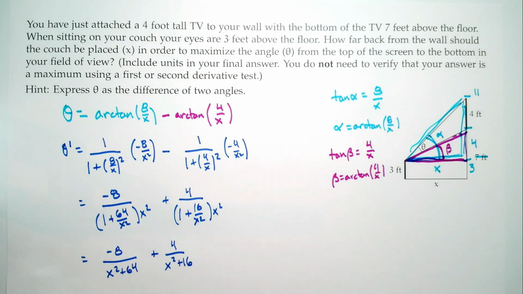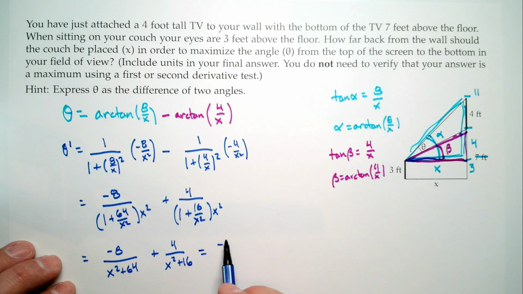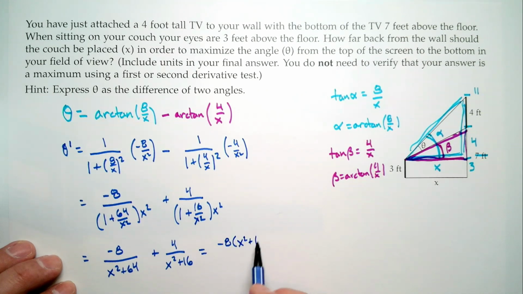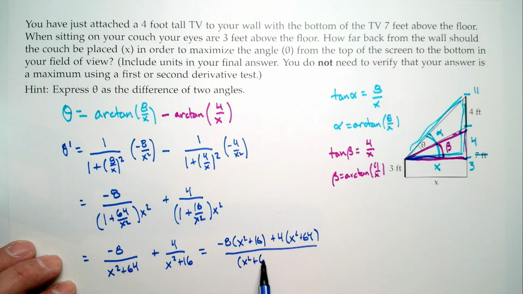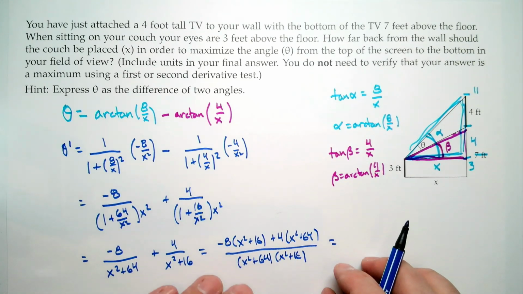Now, what do we want to do? All right. We should probably do algebra. Here, common denominator. Add them together. So, negative 8 times x squared plus 16 plus 4 times x squared plus 64, and divide that by x squared plus 64 times x squared plus 16. Well, we're getting close.